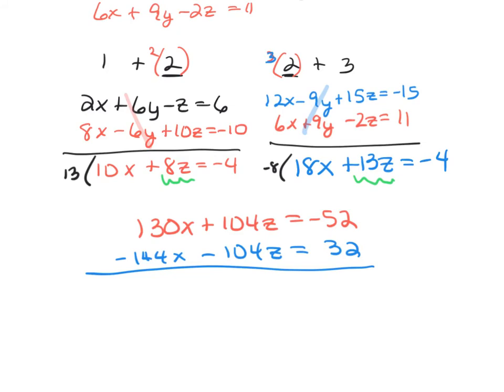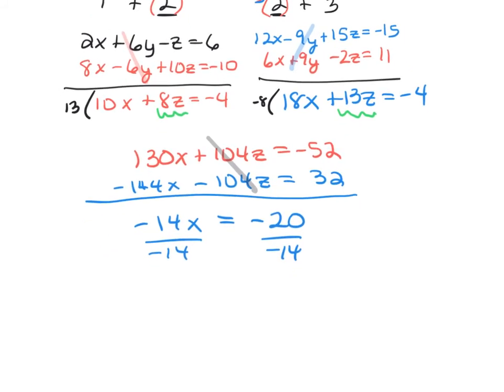And 130 minus 144, and I get negative 14x. This is gone. And then this gives me negative 20. Is this one a fraction? Yep. Okay. So negative 14x equals 20 over 14. I can reduce this.